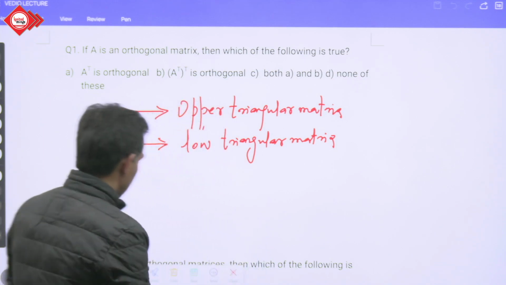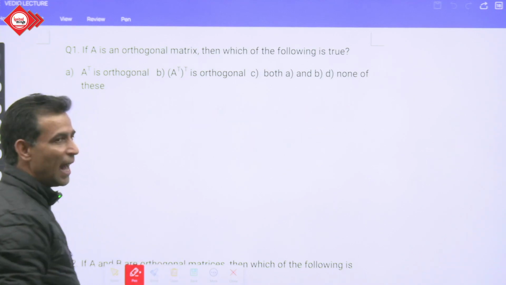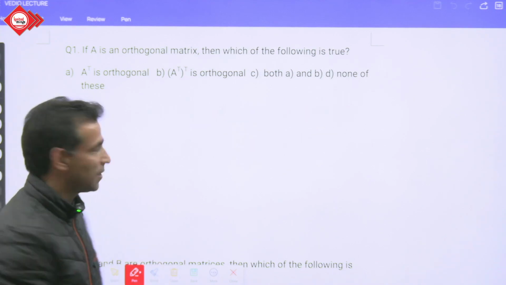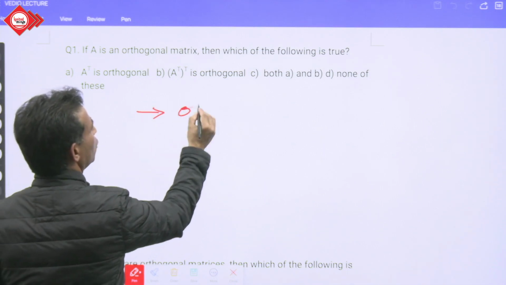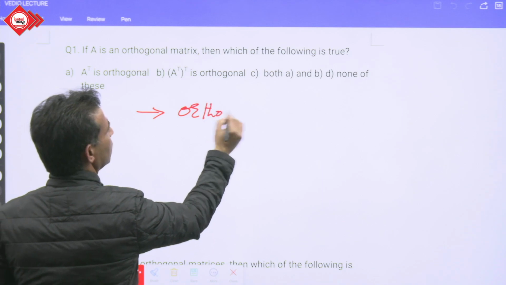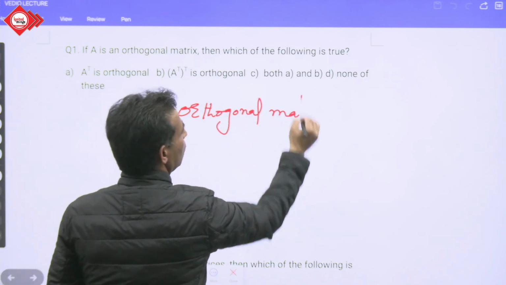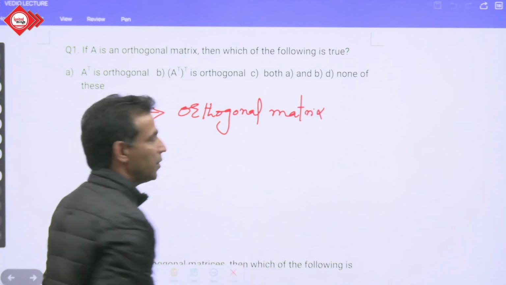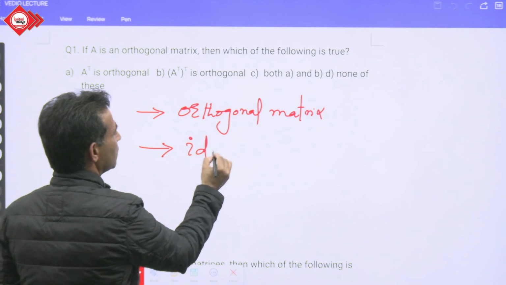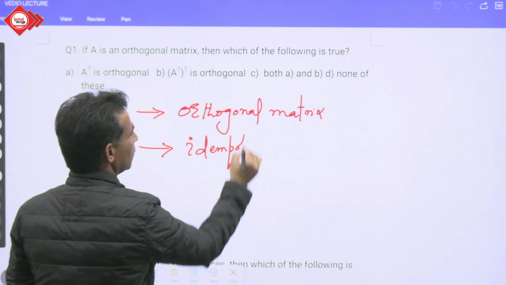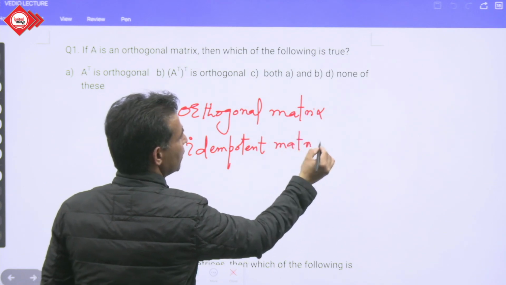So, besides these types of matrices, we have few more types like orthogonal matrix. Number two, idempotent matrix.